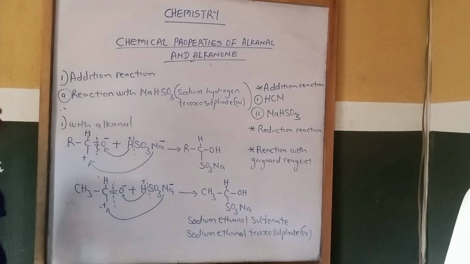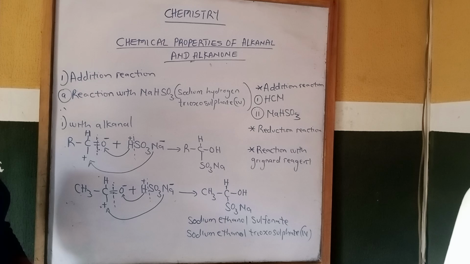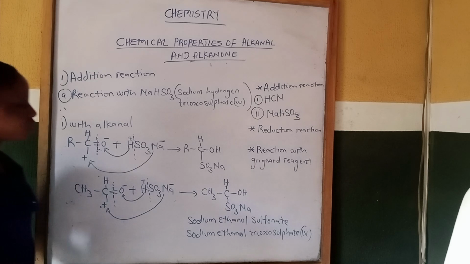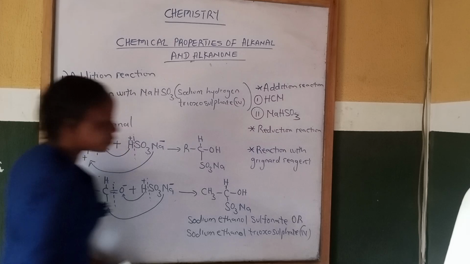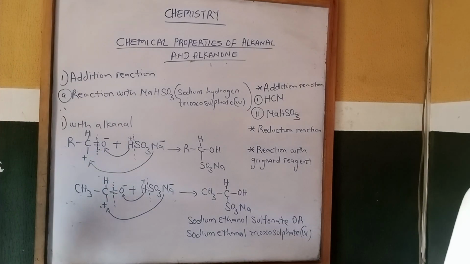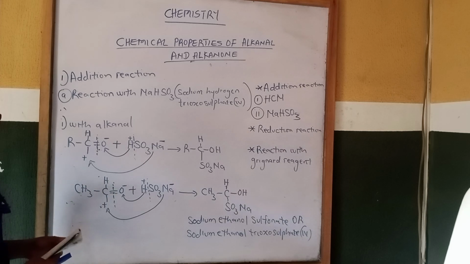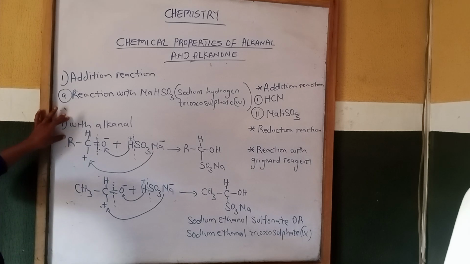So that is the name of the product formed, sodium ethanol sulfonate or sodium ethanol trioxosulfate(IV). So that is our reaction when sodium hydrogen trioxosulfate(IV) reacts with alkanal. Reaction with alkanal.